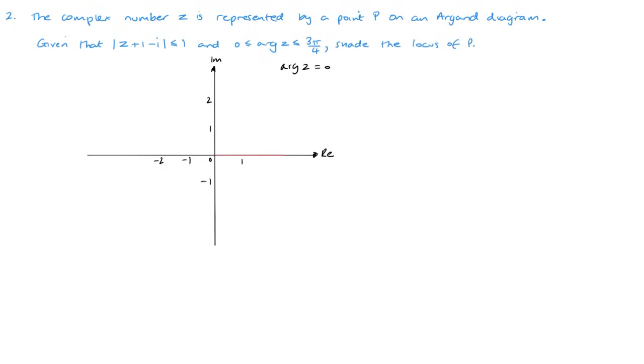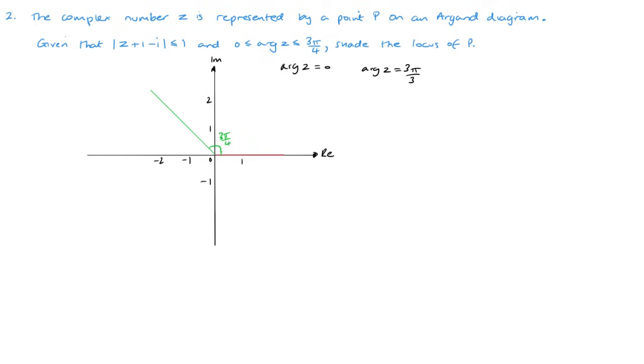And then we'll pick green for the next one, but the next one we're going to do is arg z equals 3/4 pi. So that is going to be 135 degrees. So going up in that direction. And this angle here is 3/4 pi.